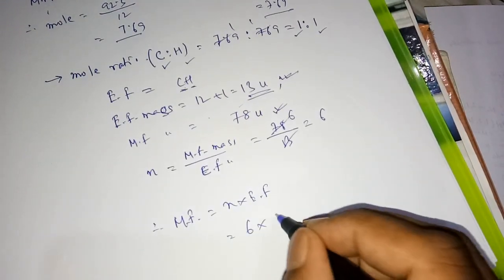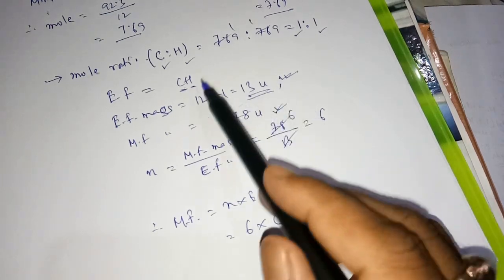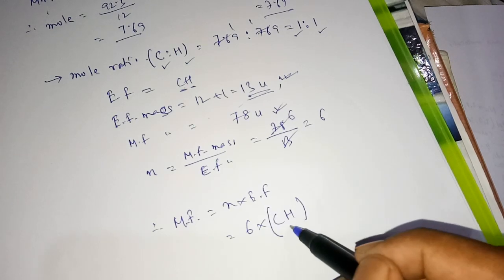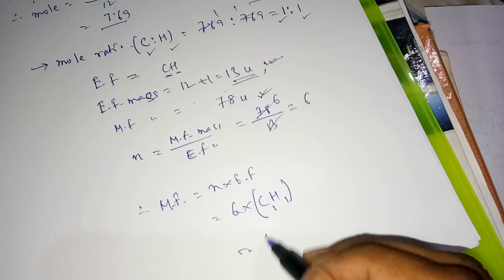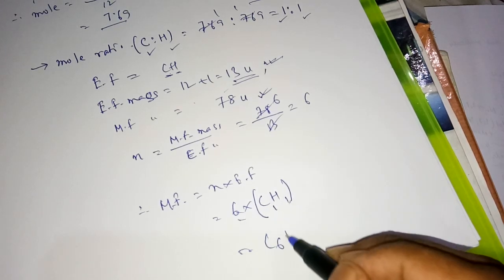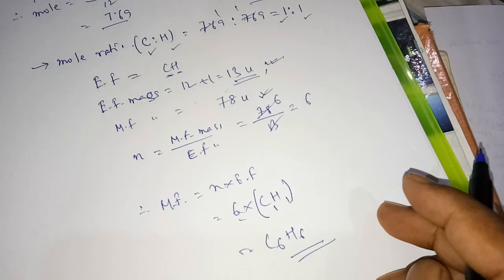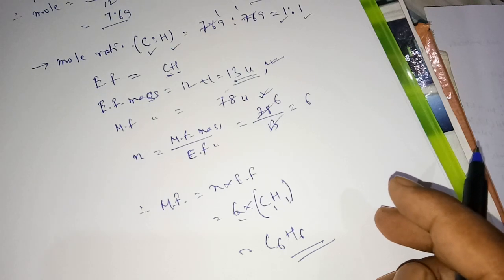So n is 6, empirical formula is CH. So whenever you write 6 into CH, that is C6H6. This is the molecular formula of the compound, and all of you know what that is: C6H6 is your benzene.